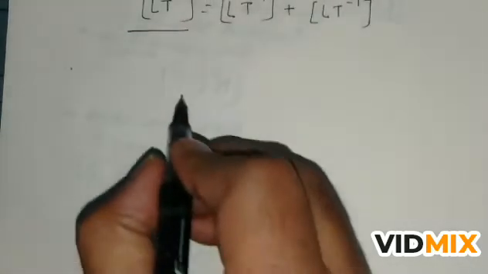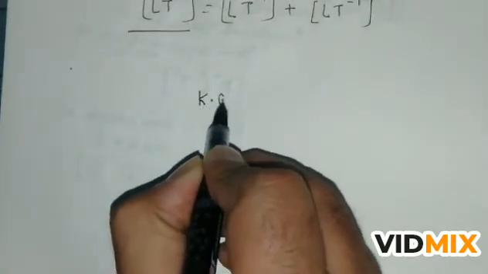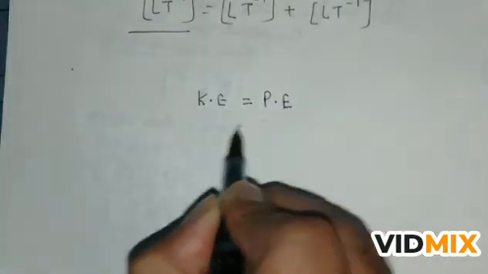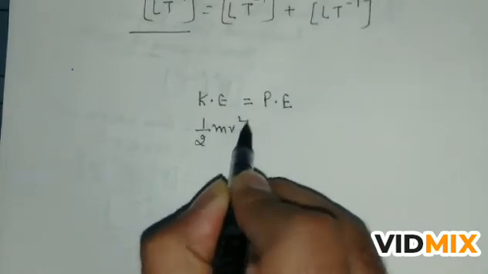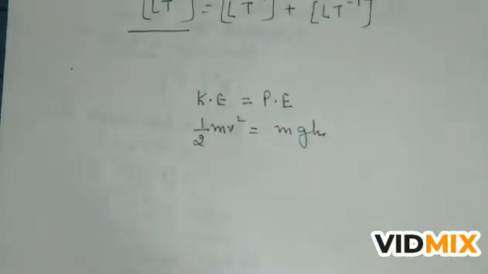Now we'll take one more example. Suppose kinetic energy is equal to potential energy in any case. Half mv square is the formula for kinetic energy, and mgh is the formula for potential energy.